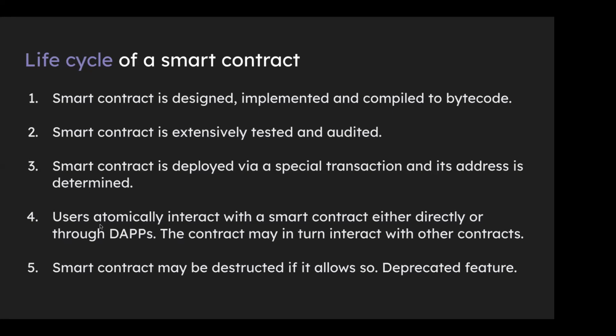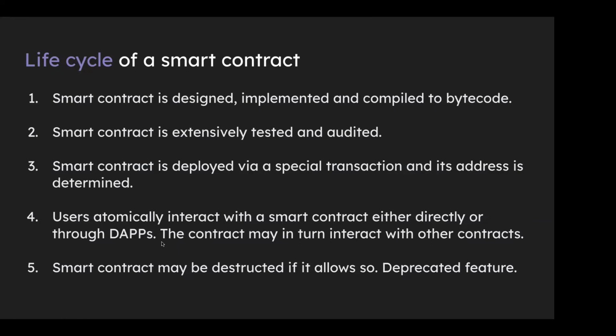Or there are special libraries, built for example in JavaScript or Python, on top of those low-level interactions with a node, so it is more convenient to interact with smart contracts. And decentralized applications do exactly that. They use those special libraries that send requests to the desired node and do everything under the hood.